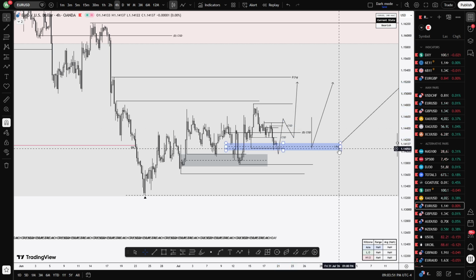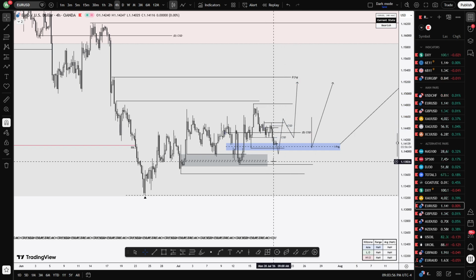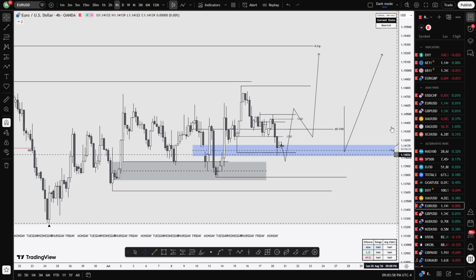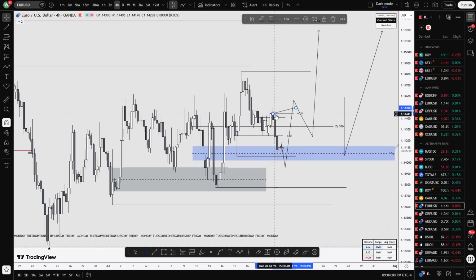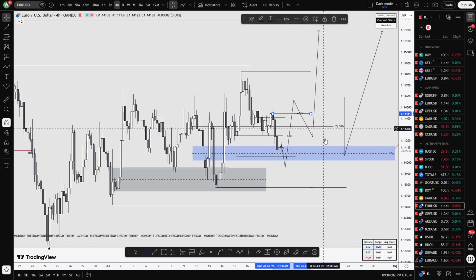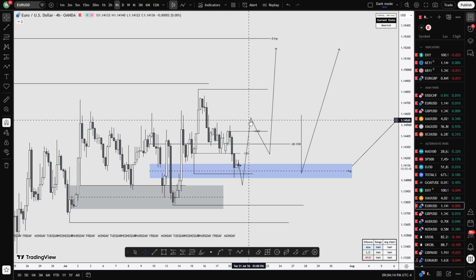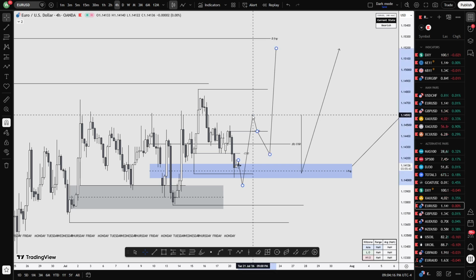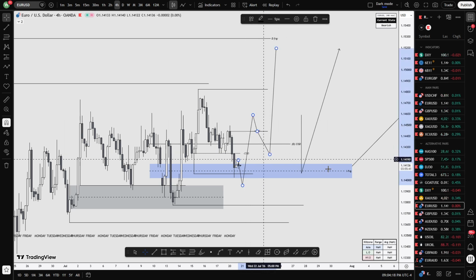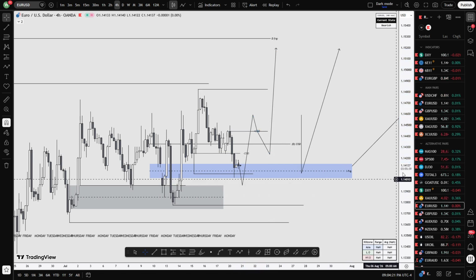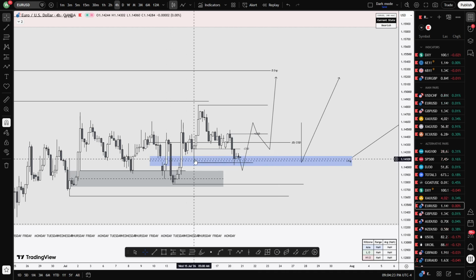So right now there are two scenarios that could possibly happen. We could see price trade above this high. If you see price trading above this high, that's your sign to get involved, right? Now we've swept liquidity.